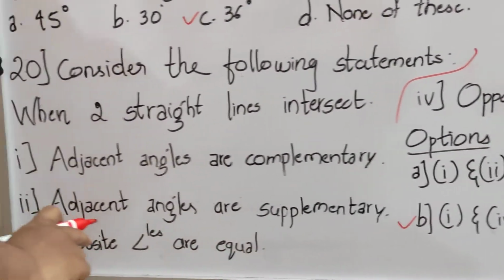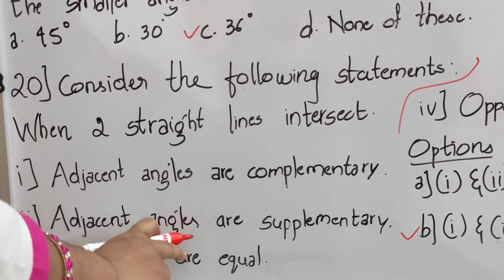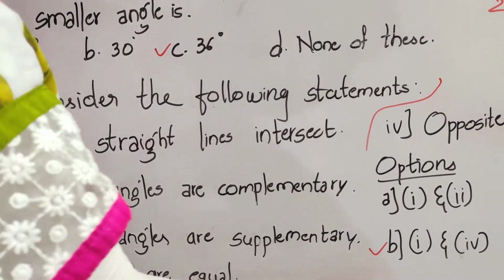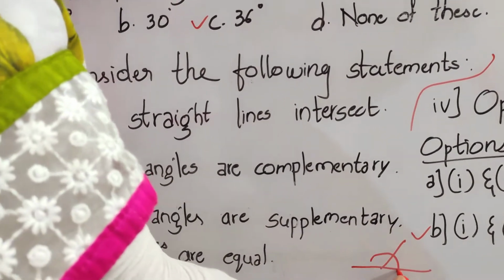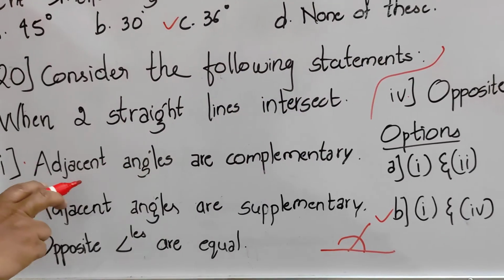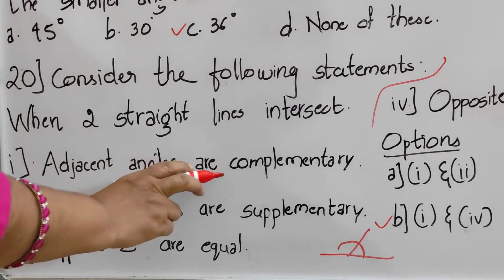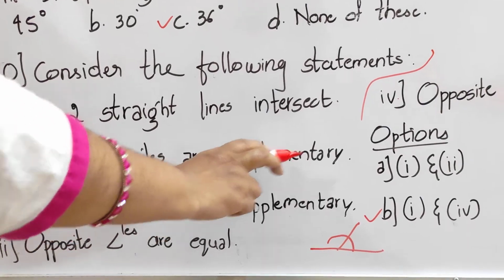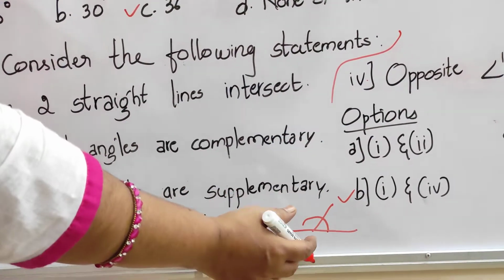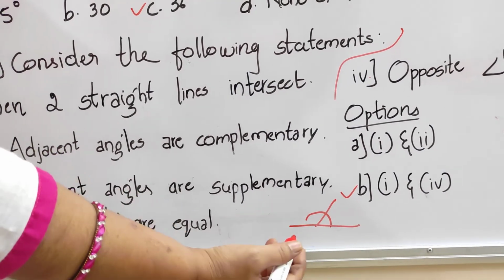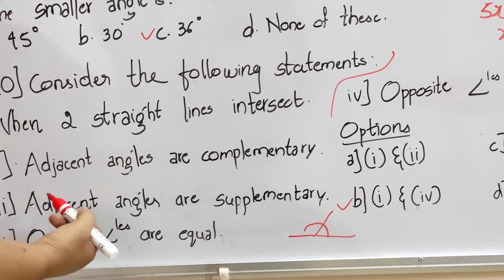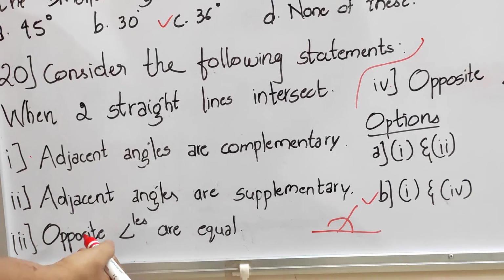Why? Because adjacent angles can be supplementary, and opposite angles are equal. These are the two possibilities which can happen. Either they can be supplementary or equal, but the other two will not be applicable.